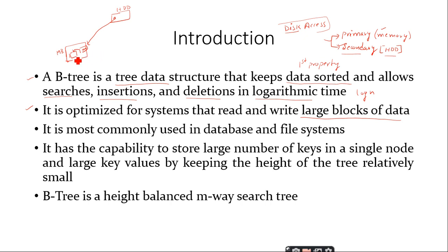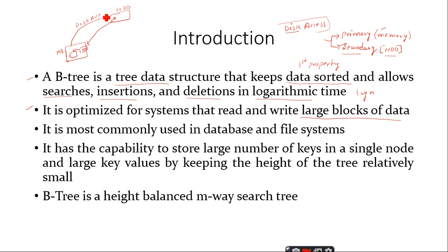So whenever you want to get some program or some information from the hard disk, the processor simply gives a command to the hard disk drive saying that I want this part of the memory from the hard disk. This is called disk access.